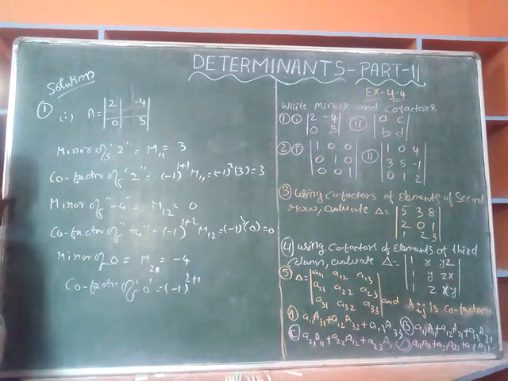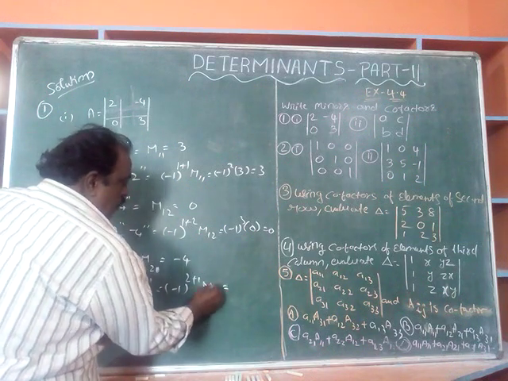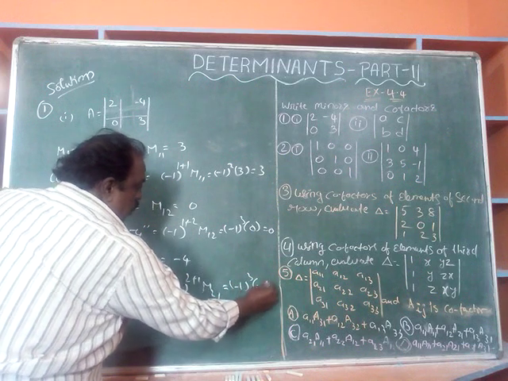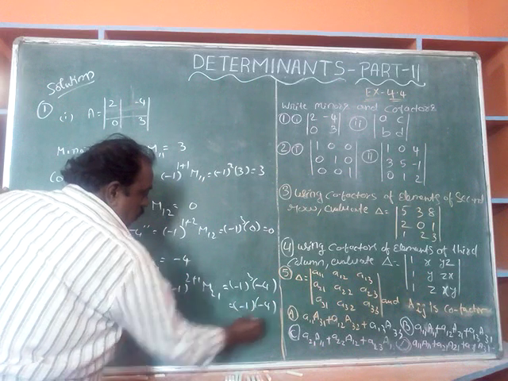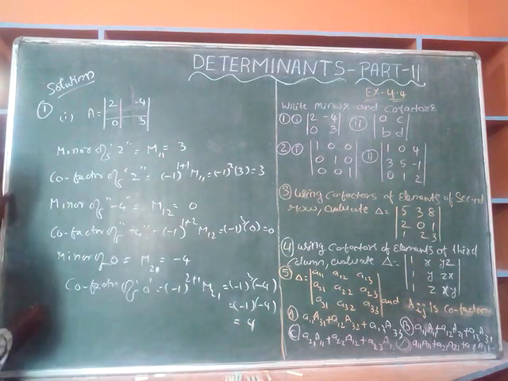The element position is 2 1, second row, first column. And it is (-1) cube into -4. It is -1 into -4. Again we get 4.